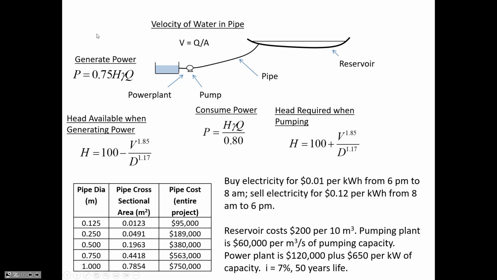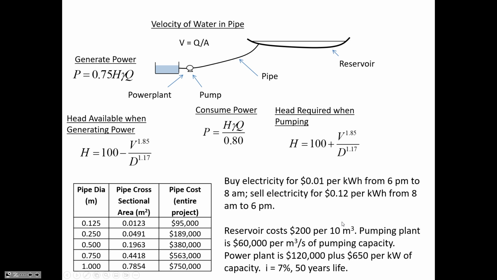There's also the time value of money aspect that we have to think about in this project. Because we know how much it costs to buy the pipe, and we know how much it costs to buy the electricity, and we're going to have to pay to make the reservoir. It says here that it's $200 per 10 cubic meters.